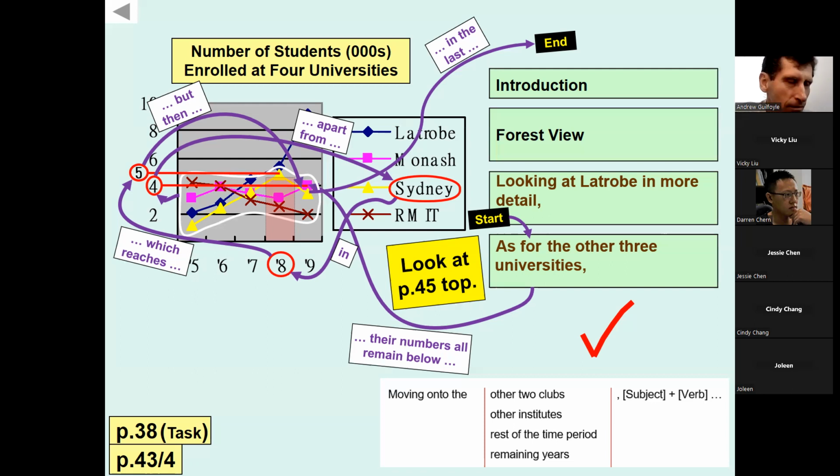As for the other 3 universities, their numbers all remain below 4,000, apart from Sydney University in 2008, which reaches 5,000, but then it drops in the next year. Good.